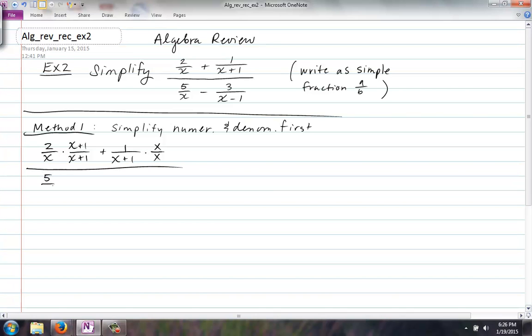Doing a similar thing for the denominator, 5 over x is going to be times x minus 1 over x minus 1. And then we're going to subtract 3 over x minus 1 by x over x.